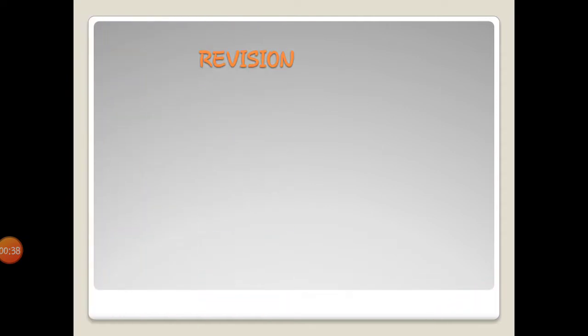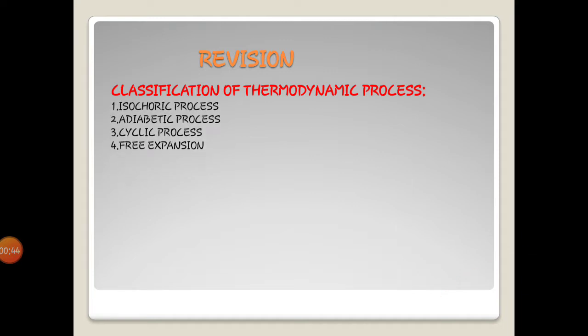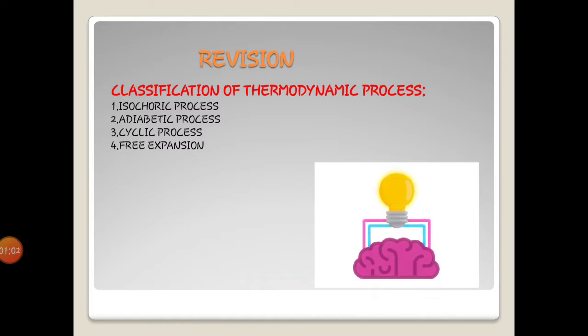So let's move towards the revision part. This slide will explain what points you have learned in the previous lecture. We have learned classifications of thermodynamic processes, which were in two parts. In the first part, we discussed three processes: reversible and irreversible process, isothermal process, and isobaric process.